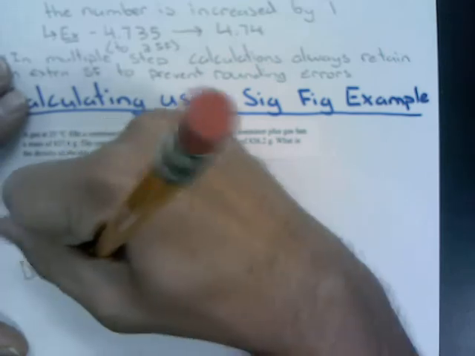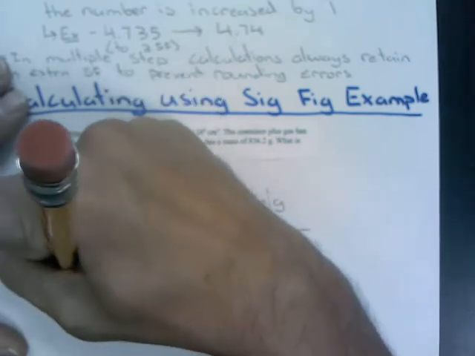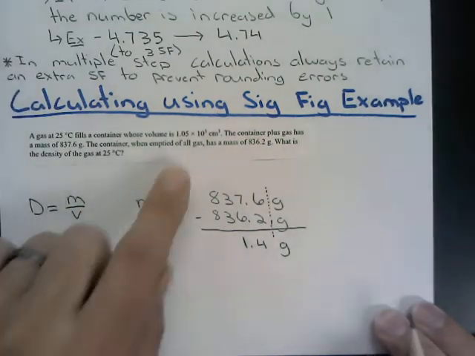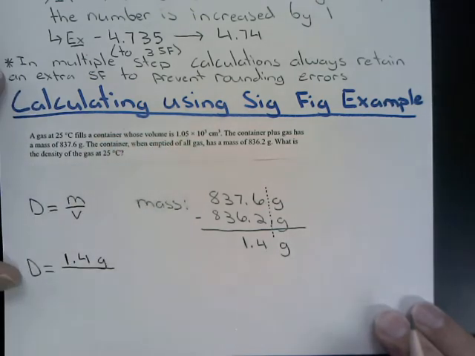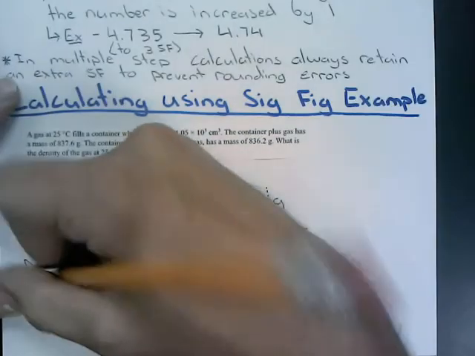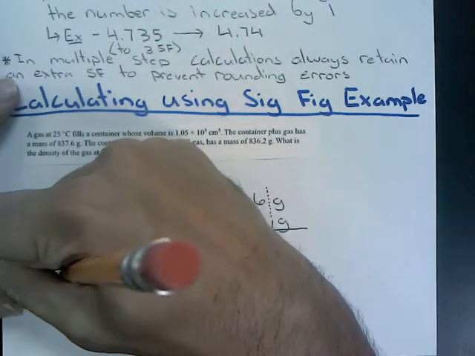So our mass is 1.4 grams, and then it's divided by the volume of the container, which is 1.05 times 10 to the third cubed centimeters.